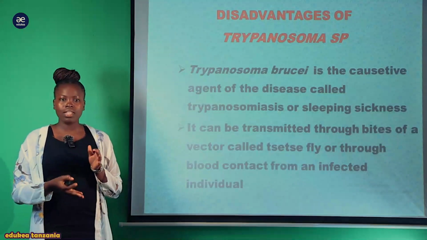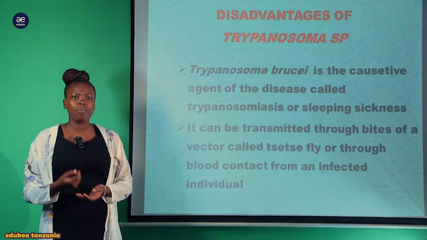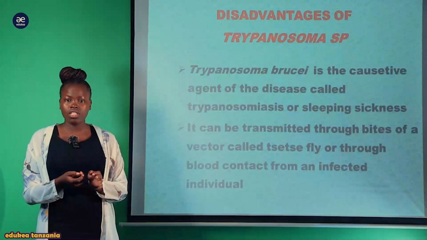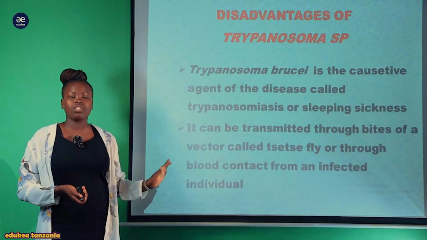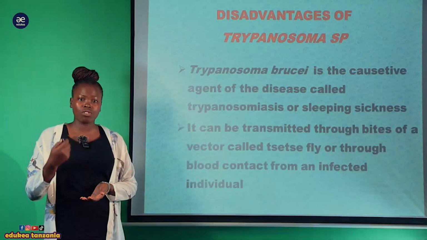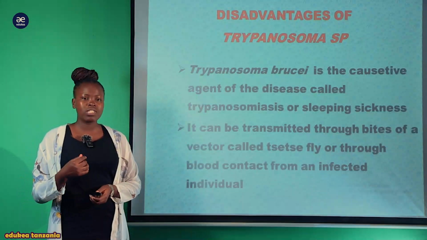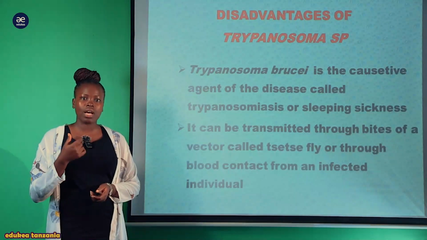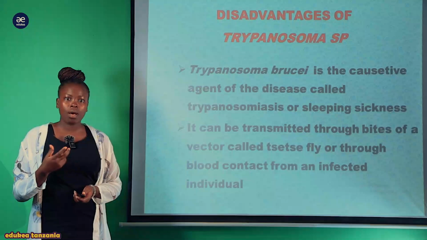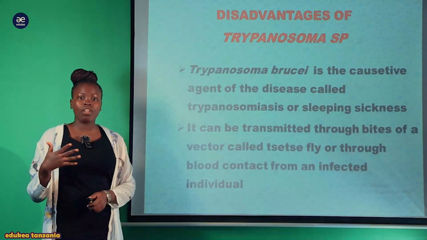This trypanosoma brucei feeds by sucking up the blood, which causes the lymph nodes to swell, and also leads to death. So this is one of the disadvantages of trypanosoma brucei, which causes sleeping sickness. This is for human beings.